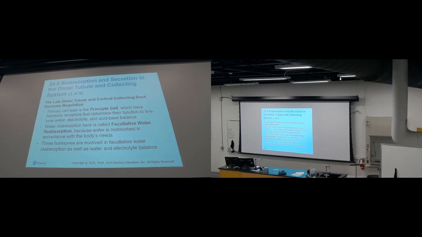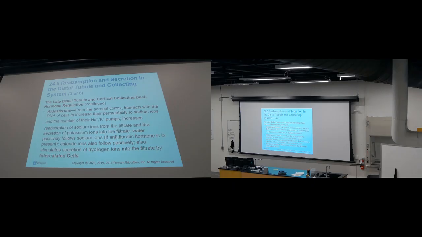The water absorption in this area is called facultative water reabsorption because water reabsorbs according to the need. Facultative is flexible. If you don't need it, you eliminate it. If you need it, you reabsorb it.